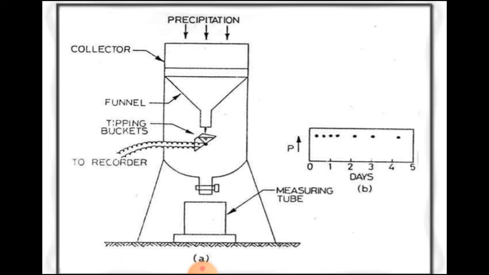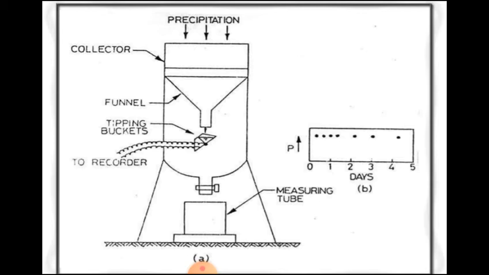There are some guidelines on how much area, how many gauges should be used. For example, in India, the guidelines are for a 1000 square kilometer area, if we have a plain area, 2 rain gauges are sufficient.